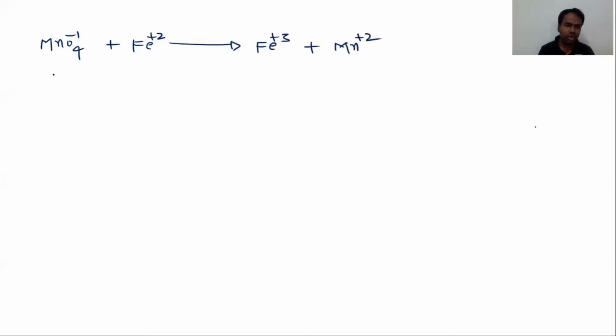I want to tell you one point. In all potassium permanganate reactions in acidic medium, MnO4 minus is the reactant. In acidic medium, MnO4 minus is the reactant. The common byproduct is Mn plus 2.